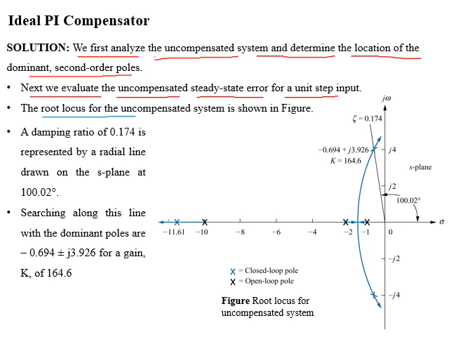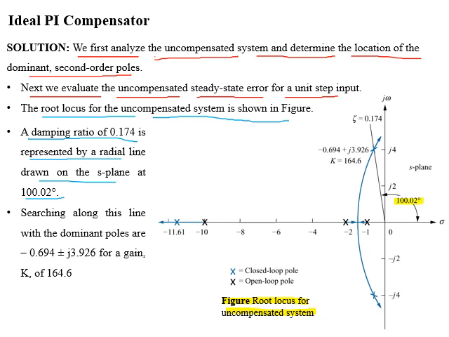Students, after sketching the root locus of the uncompensated system, we will draw a radial line of constant damping ratio for zeta equals 0.174, and the angle of the radial line will be 100.02 degrees.